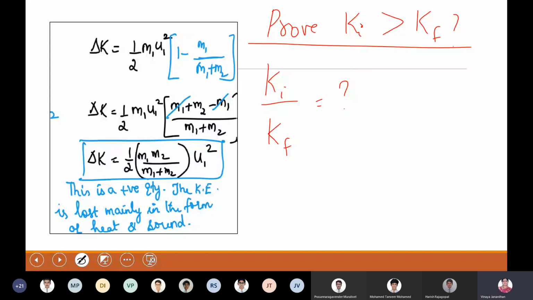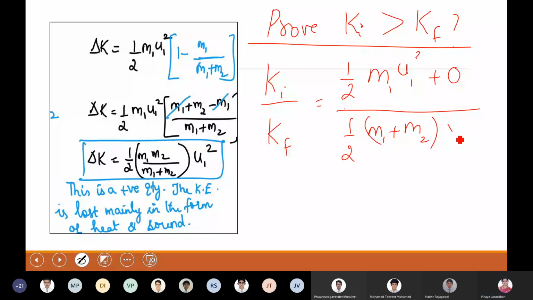Someone tell me what is the expression for Ki? Half m1 u1 squared plus, the second body was at rest, I'll put 0. What is Kf? Half m1 plus m2 into v squared. This half and half will get cancelled.